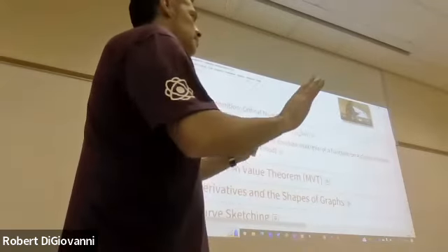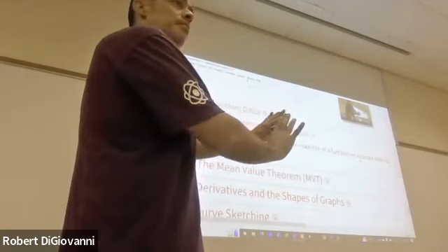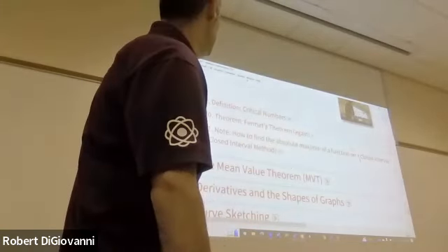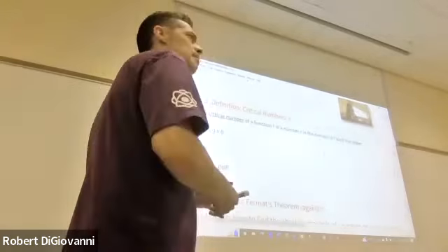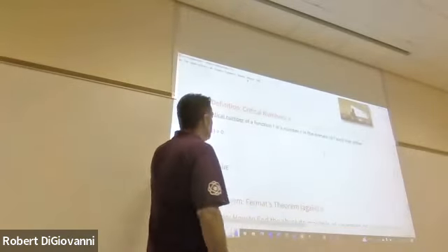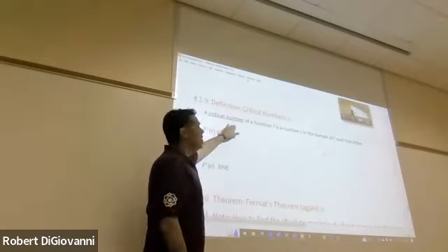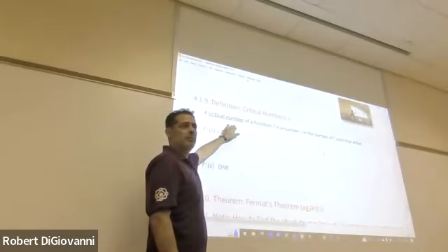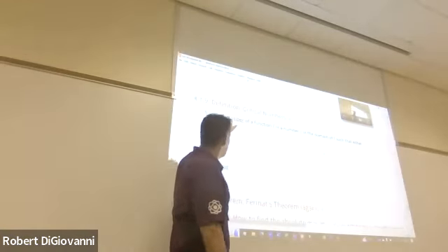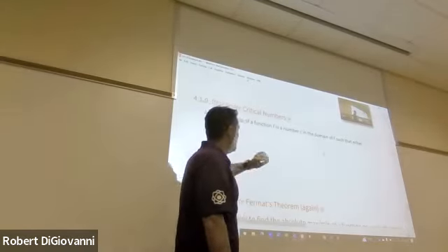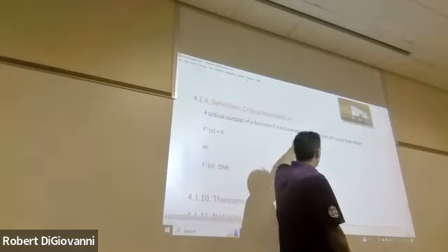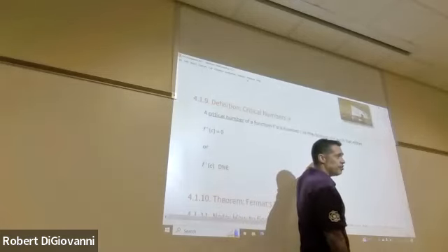All right, let's back burner that idea for a moment. We have a definition. And this is a big takeaway of today. A critical number of a function, okay? A critical number, that's the thing we're defining here. A critical number of a function f is any number c in the domain of the function.